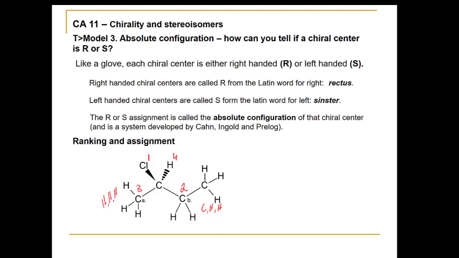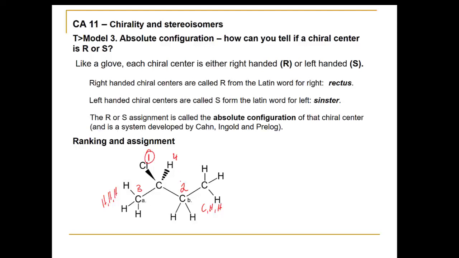The next thing you need to do is to make sure that the lowest priority group is going away from you, going behind the plane by which you are looking. And indeed, it's all nicely lined up in this case. And often it is a hydrogen, so hydrogen's going back. And then we simply count. And we see in counting 1, 2, 3 whether we're counting in a clockwise direction or a counterclockwise direction.